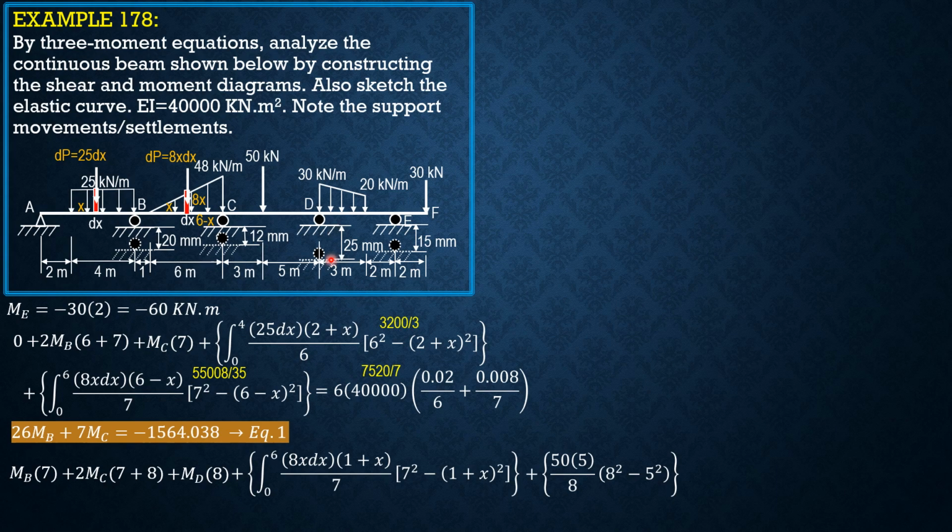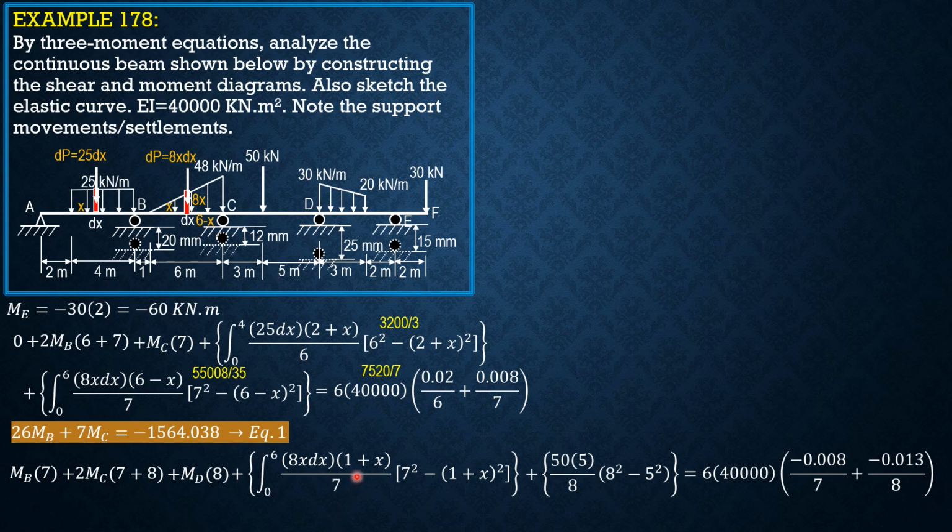D is also below by 13 mm or 0.013 meter, negative 0.013 over 8. So equals 6 times 40,000 times negative 0.008 over 7 plus negative 0.013 over 8.